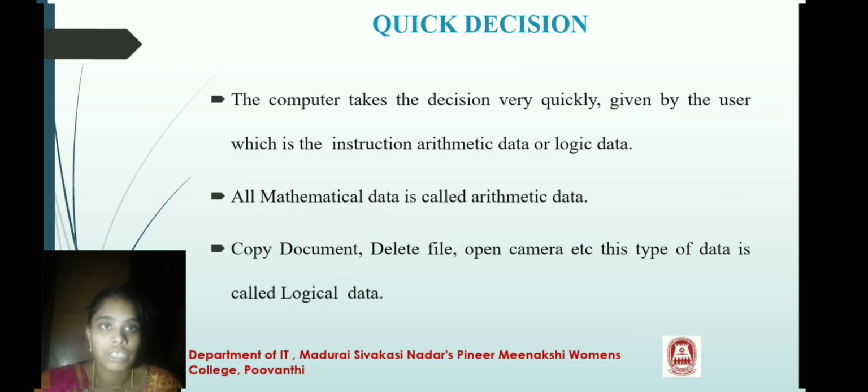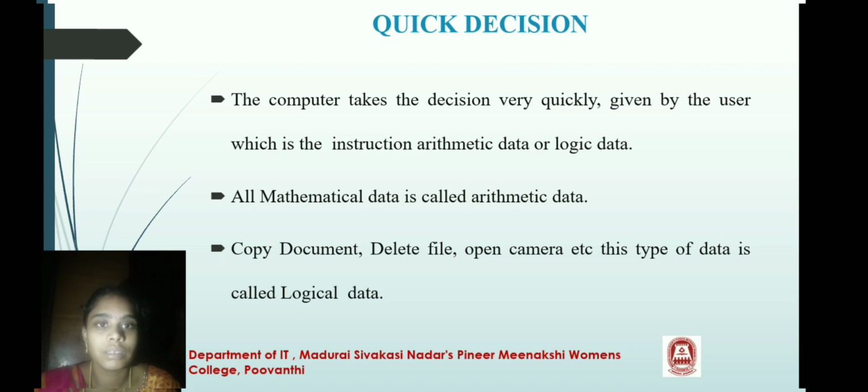Quick decision: the computer takes decisions very quickly, based on what is given by the user, which is instruction, arithmetic data or logical data. Actually, decision making is the main concept of a computer system, which is performed by the ALU, the arithmetic and logic unit.